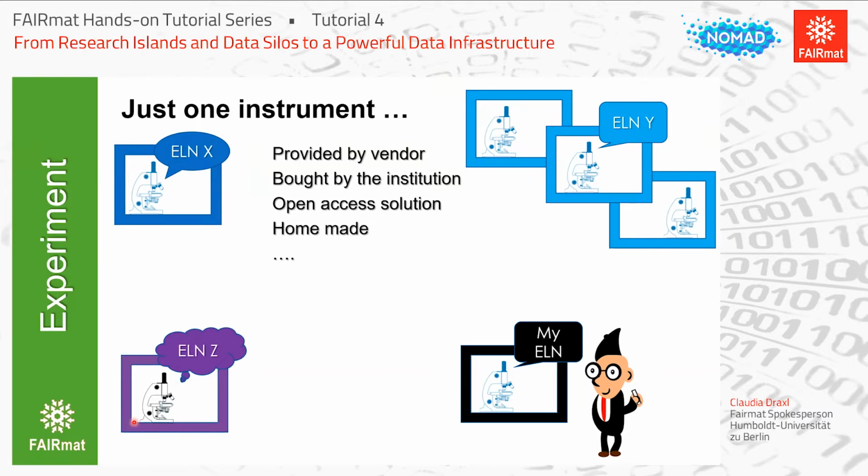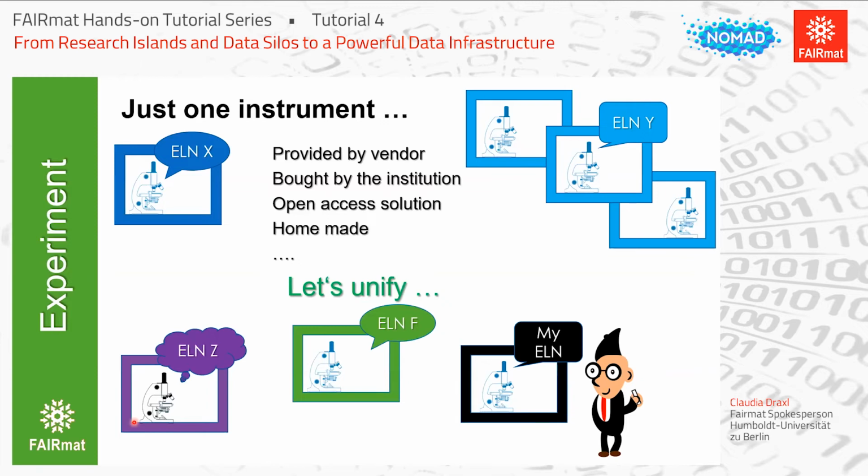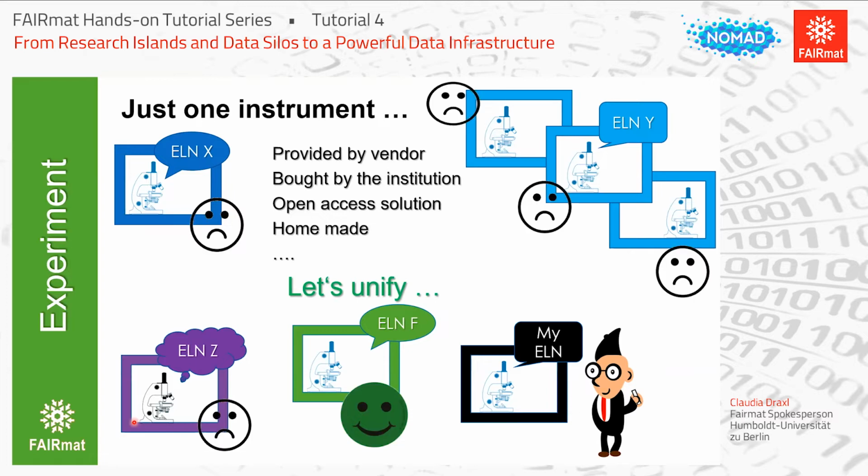But if we now think about harmonizing the whole thing, and let's unify, and we take yet another one, which is called electronic lab notebook number F, like FAIRmat, then of course, people who use this already will be happy, but you will somehow shy away everyone else, because they will be very sad, because they don't want to change.